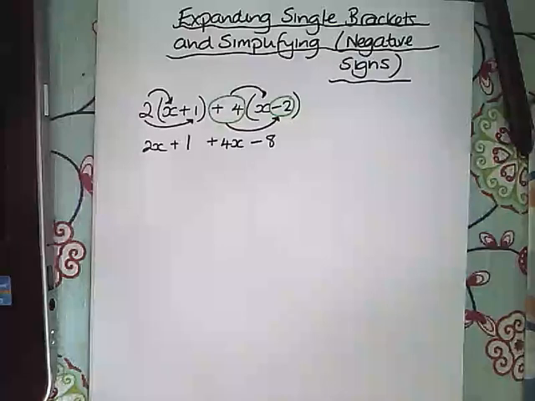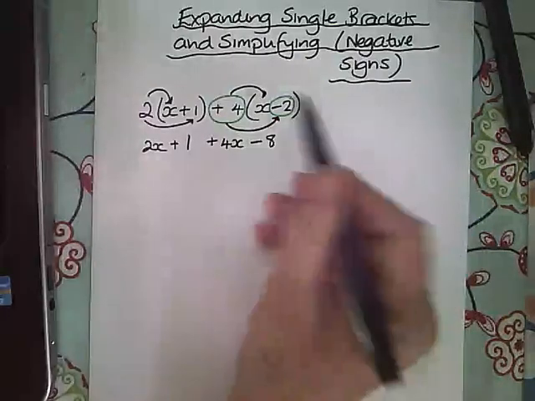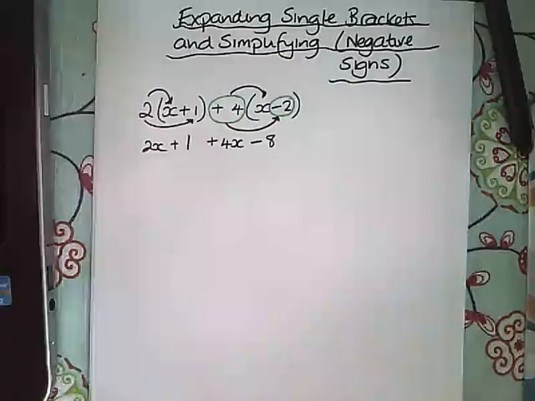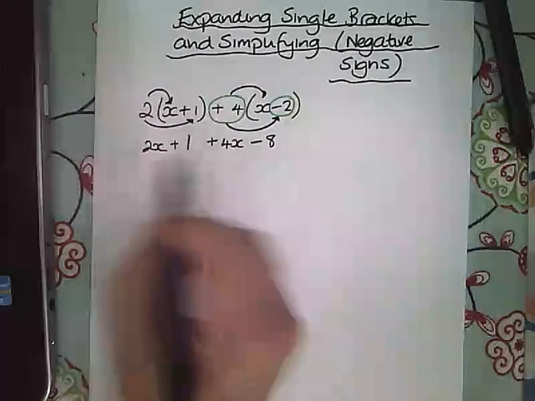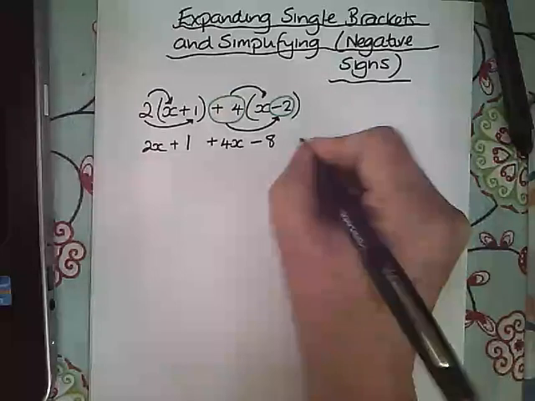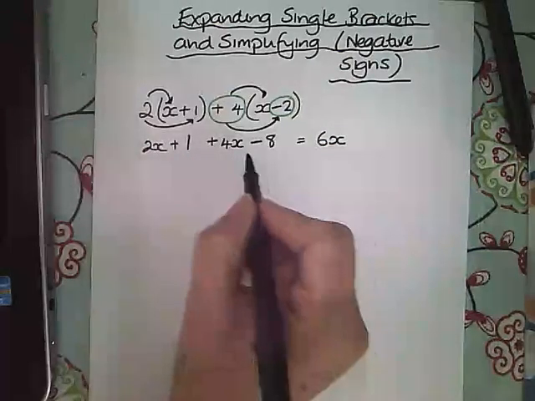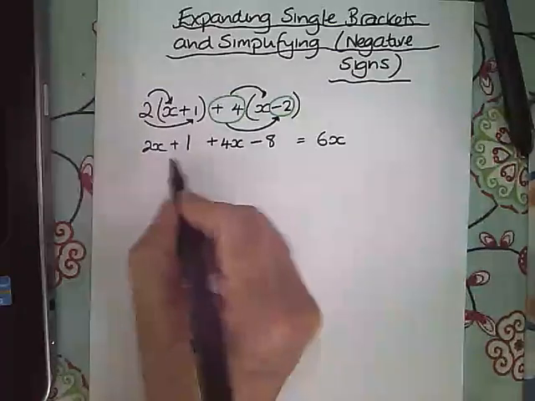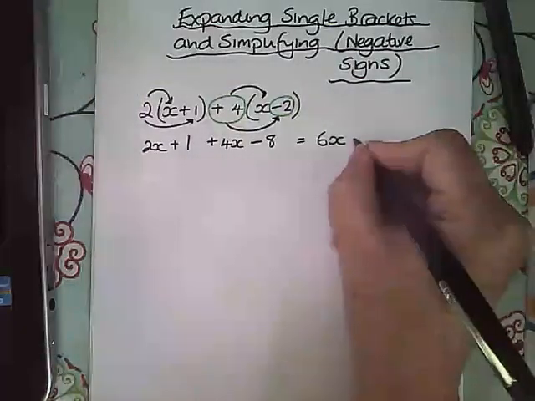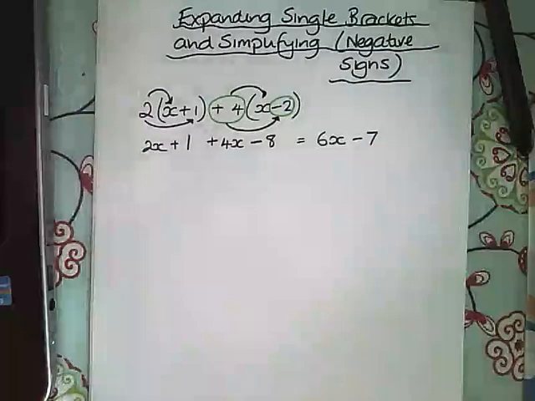And that is where the negative sign starts to make a difference to how we expand this bracket. Tidying this up, the x's all together, I've got 2x plus 4x, which is 6x. And then I've got add 2, take away 8. And if I've got add 2, take away 8, then I'm left with take away 6 in total.